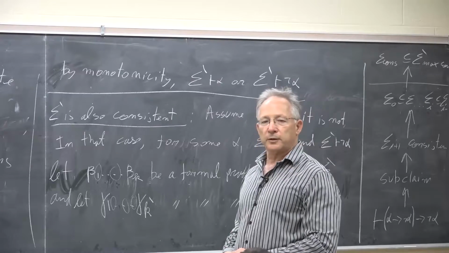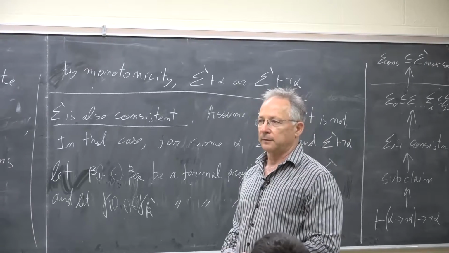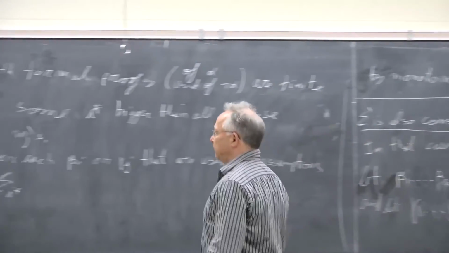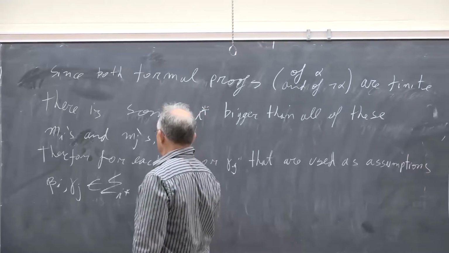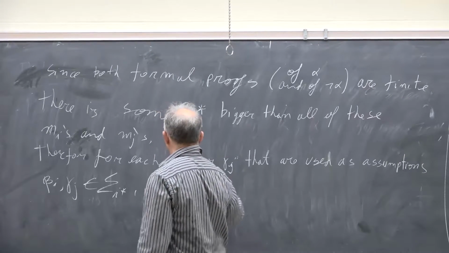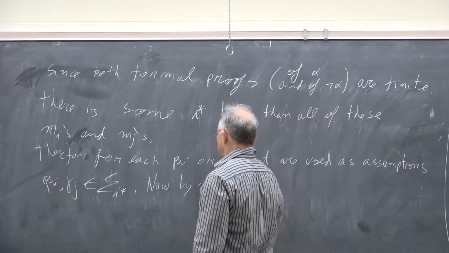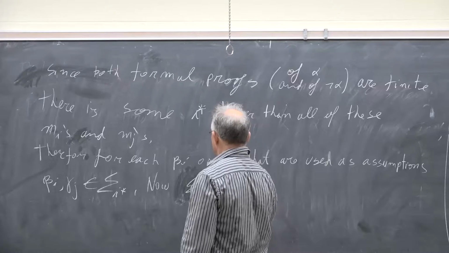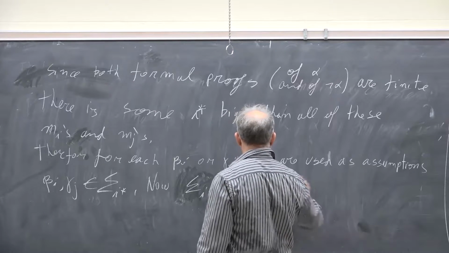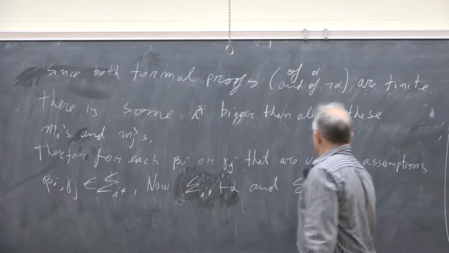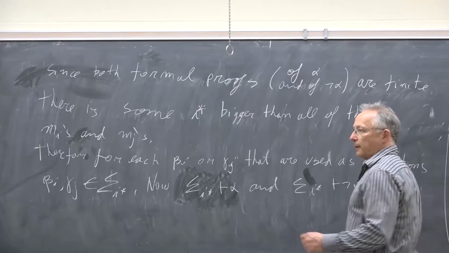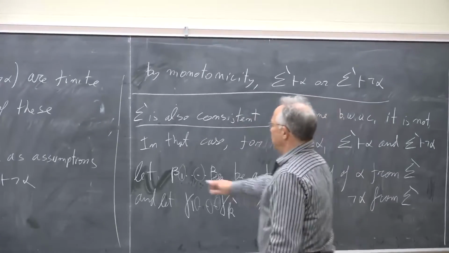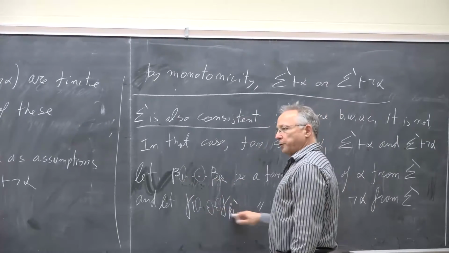Now I want to get a contradiction. How do I get a contradiction now? Sigma I star is... right. So by monotonicity, I don't even need monotonicity, this sigma I star can prove alpha, and sigma I star can prove neg alpha, because it contains all the assumptions that I needed in order to carry out both of those proofs.